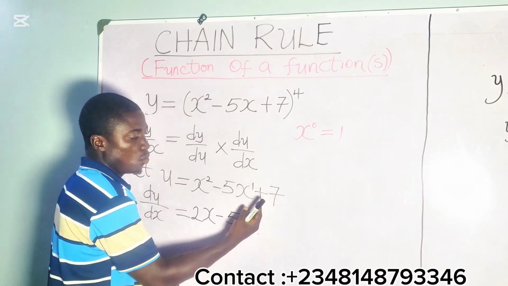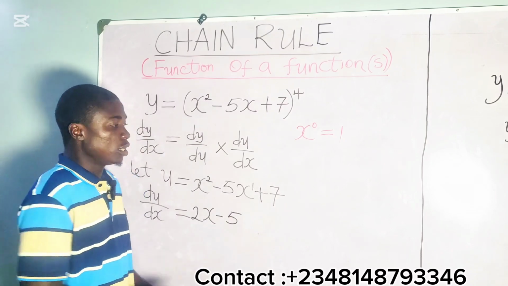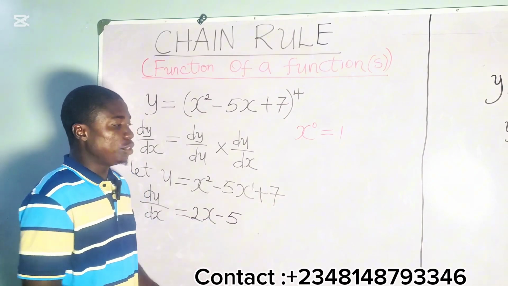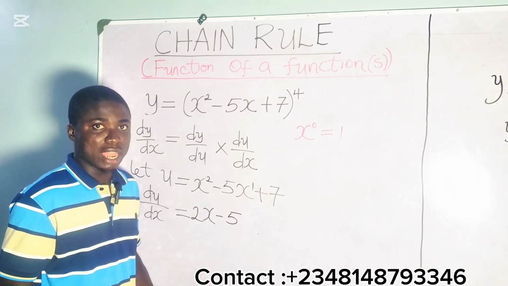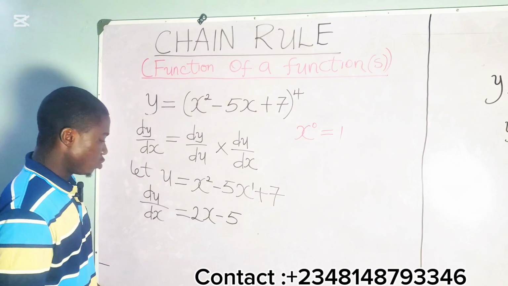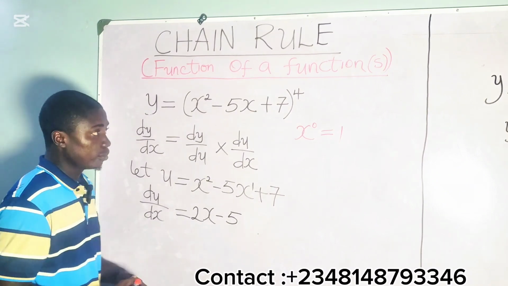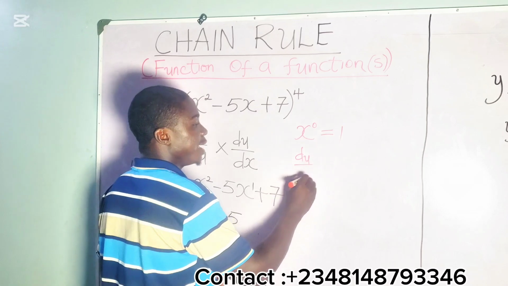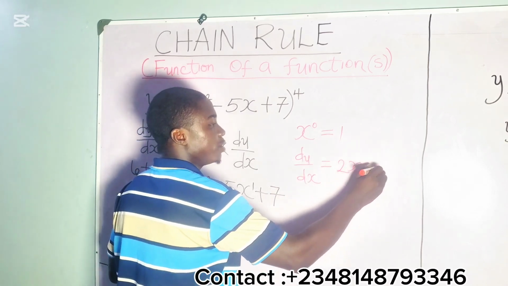Over to this, we have positive 7 here. 7 is a constant because it does not have x attached to it. And if we differentiate a constant, it automatically becomes equal to 0. So 7 is also eliminated. So therefore, du over dx is equal to 2x minus 5. Let's write it down here. du over dx is equal to 2x minus 5.